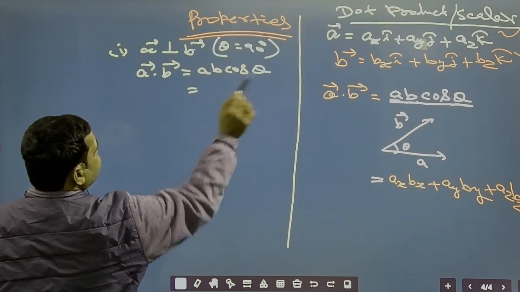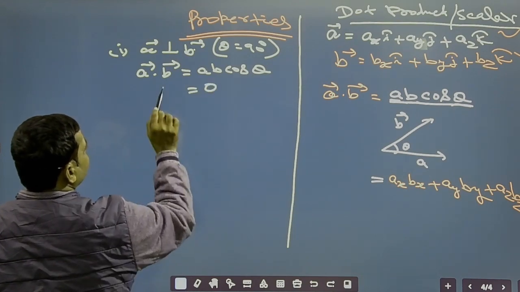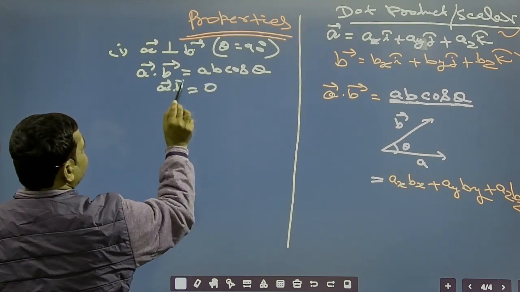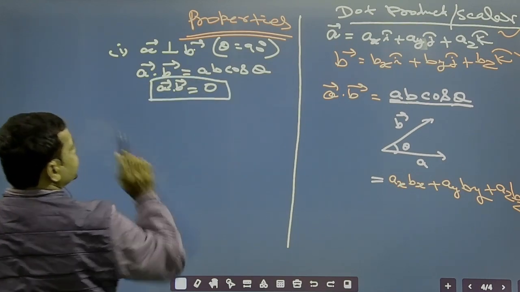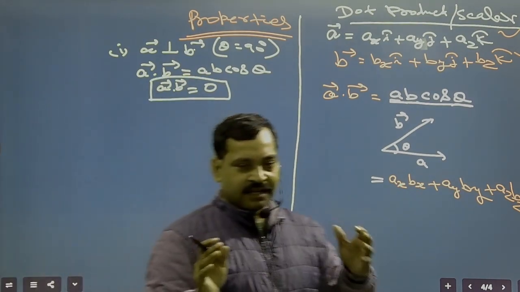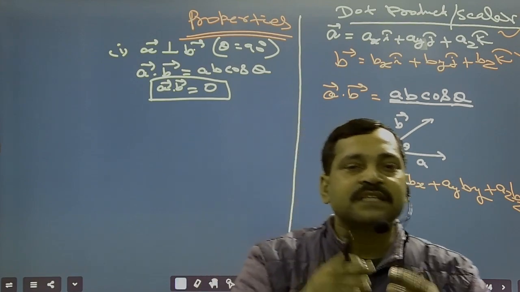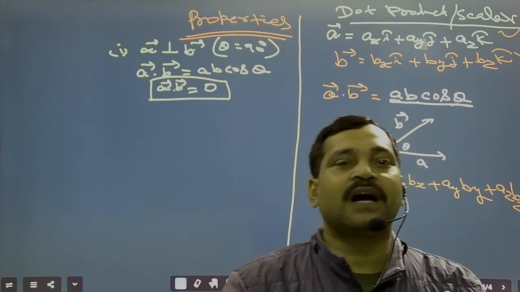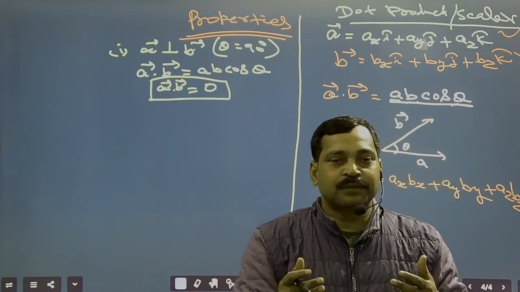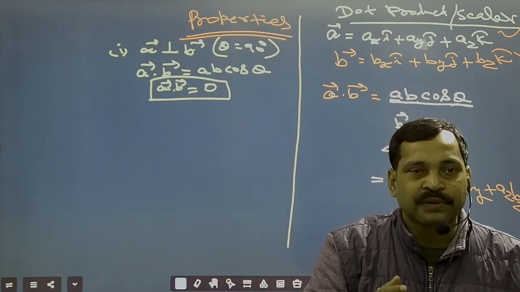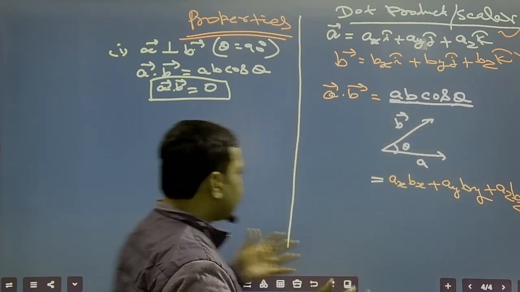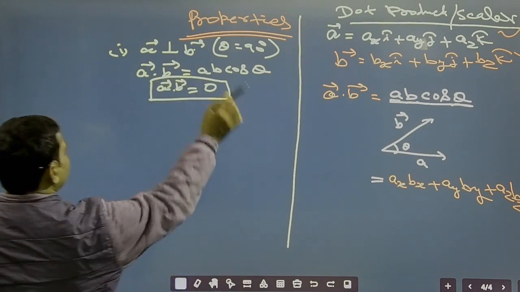So you know cos 90 is 0, so this will be 0. This is a very important concept. So we can say if two vectors are perpendicular to each other, then their dot product is zero. Clear? This type of question is also asked.